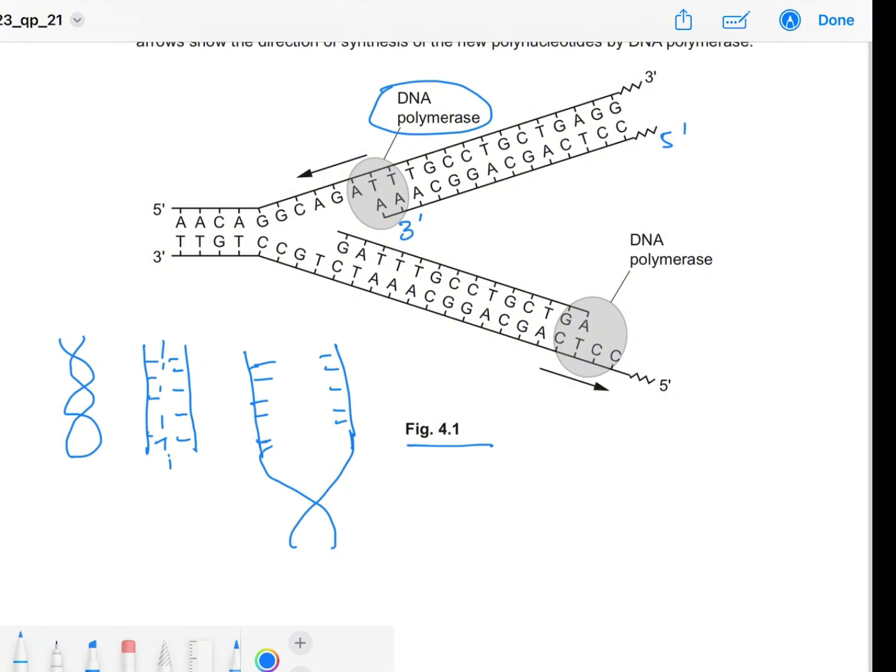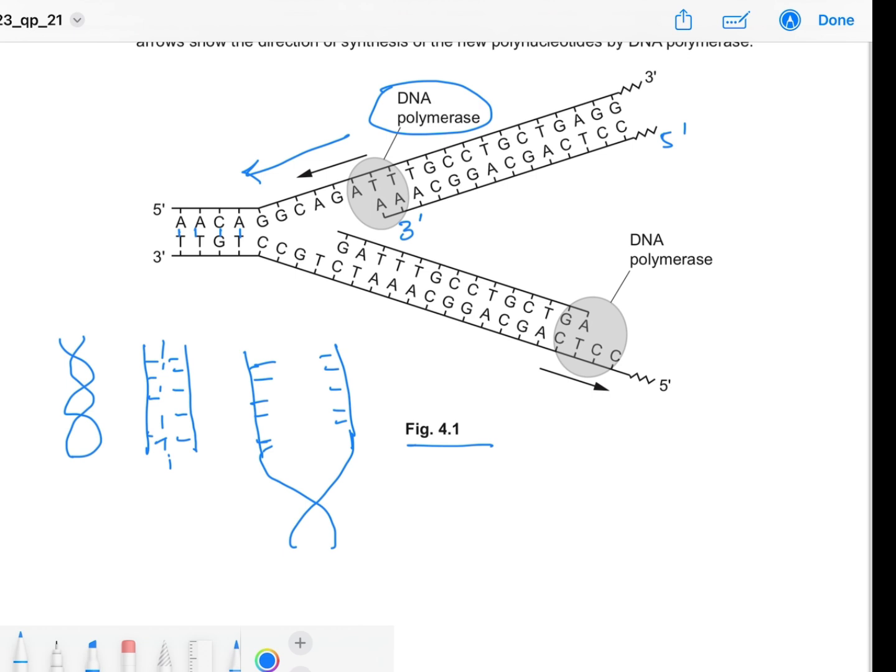So it will add new bases or new nucleotides to the 3' end, and as you can see, this is moving towards the part where you still have hydrogen bonds between the bases. This is the replication fork.